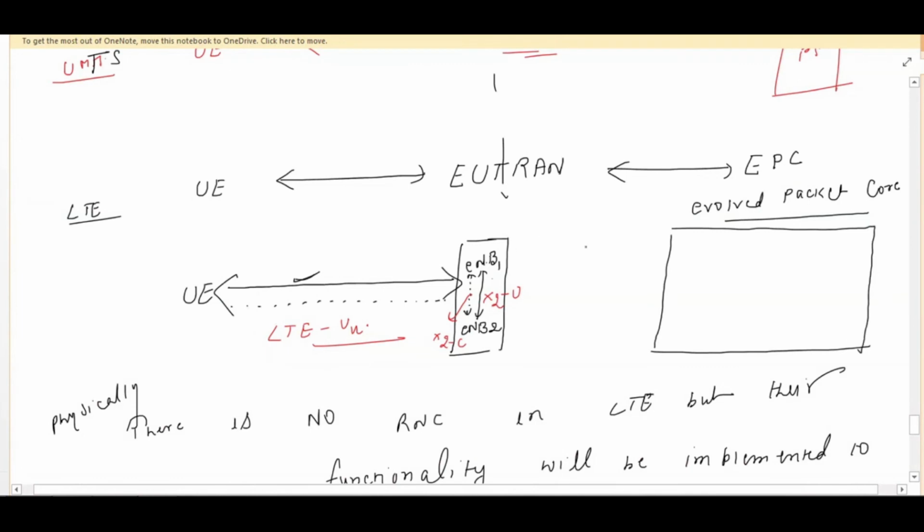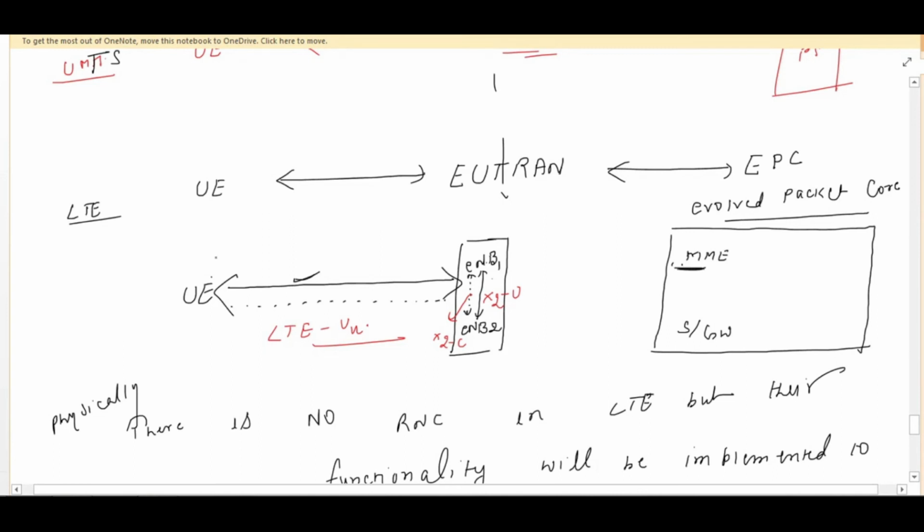So in the LTE core network, these two entities are very important: MME and serving gateway. Why? Because MME is the entity that will handle mobile signaling information within the core network. MME will handle only signaling information, no user traffic, only signaling.